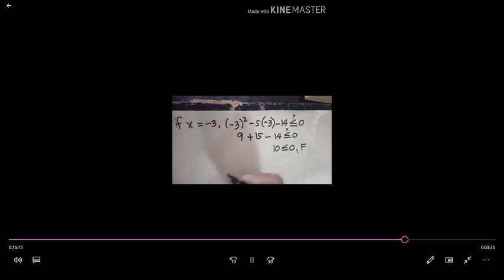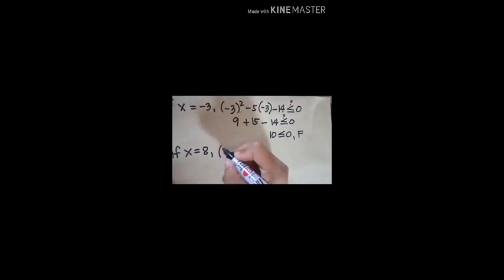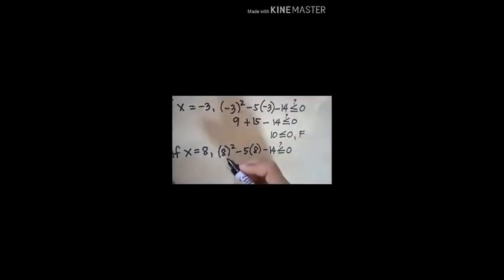Next, if x is equal to, let us say, yung 8 muna. Okay? So, same process. We have 8 squared minus 5 times 8 minus 14. Is it less than or equal to 0? Okay, so 8 squared is 64.